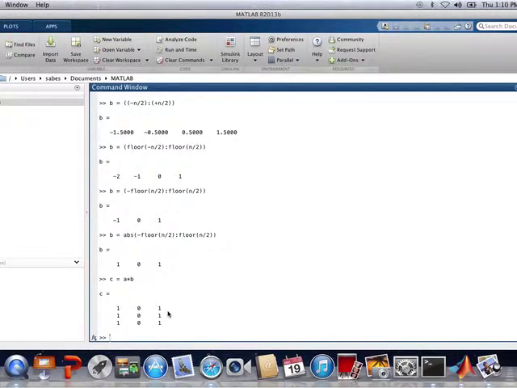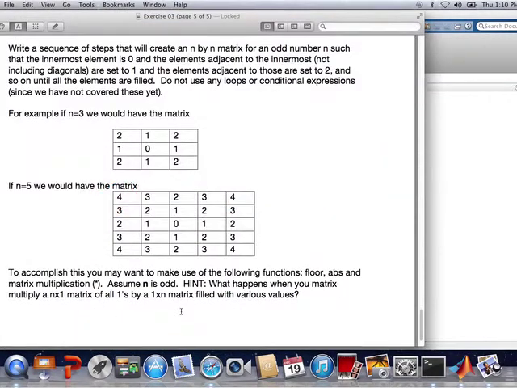Although we see that all the rows are the same, but they're not very symmetric. Whereas the matrices that we are supposed to produce are all symmetric.